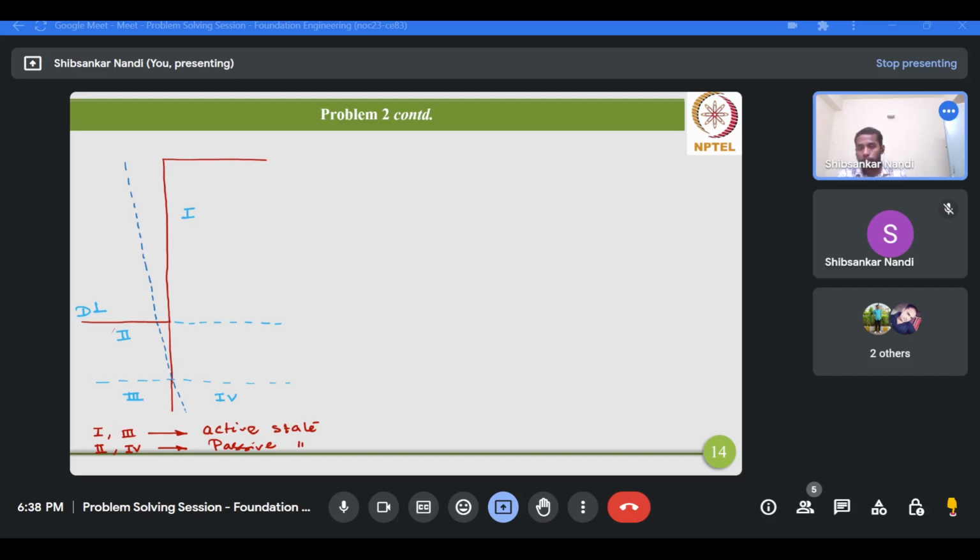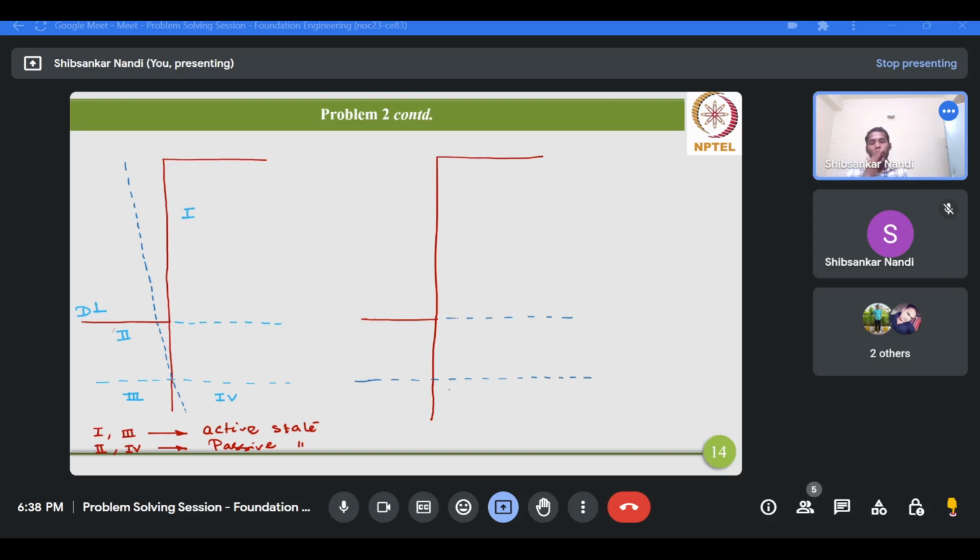So depending on that, we'll have to draw the net earth pressure diagram. To draw it, this is the dredge level, and this is the level of the point of rotation.